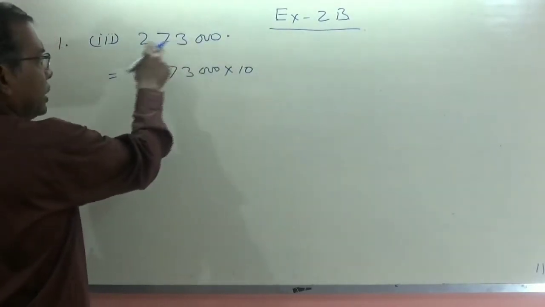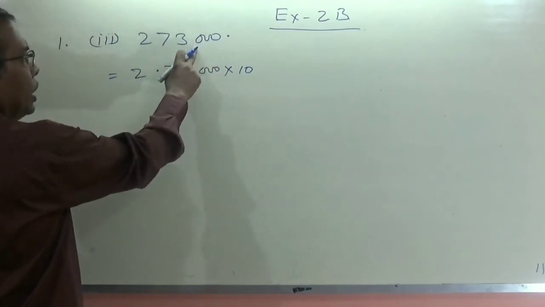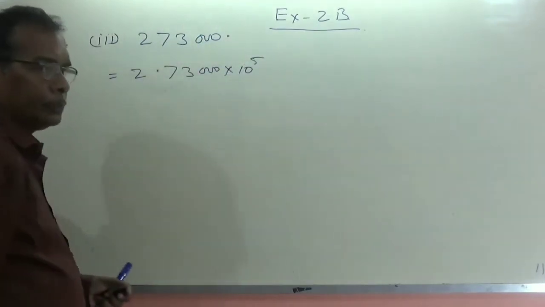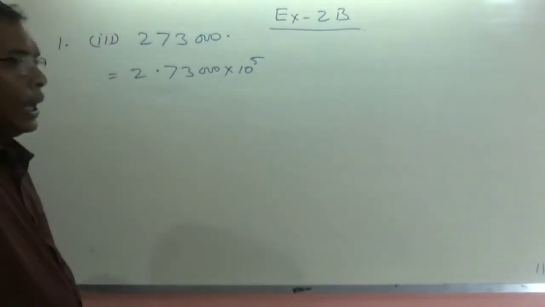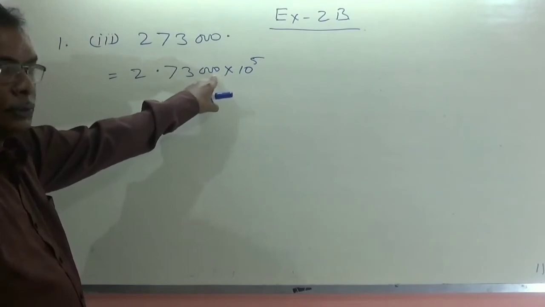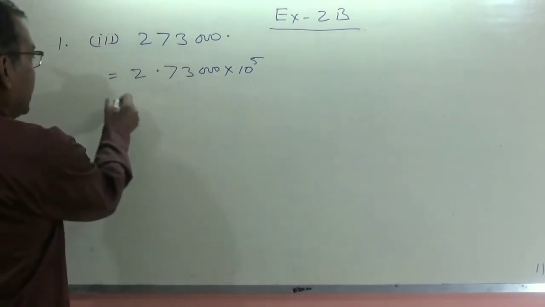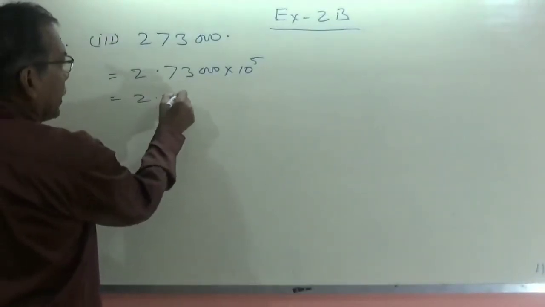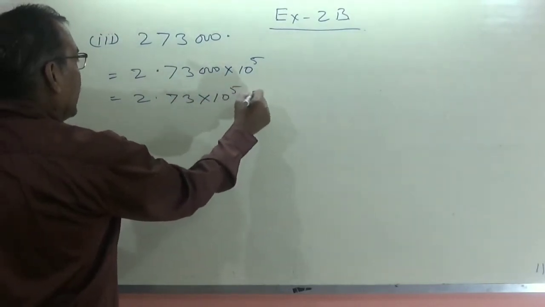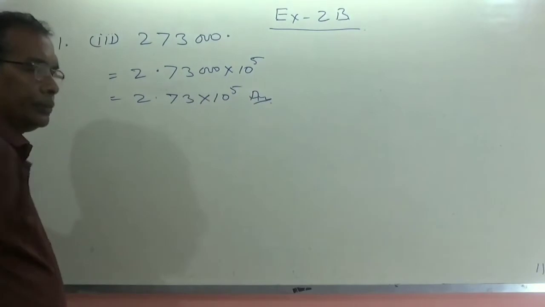How many digits is it jumping? 1, 2, 3, 4, 5, into 10 to the power plus 5. And after the decimal, zeros' value is not there. So you can write this as 2.73 into 10 to the power plus 5, and that will be your answer.